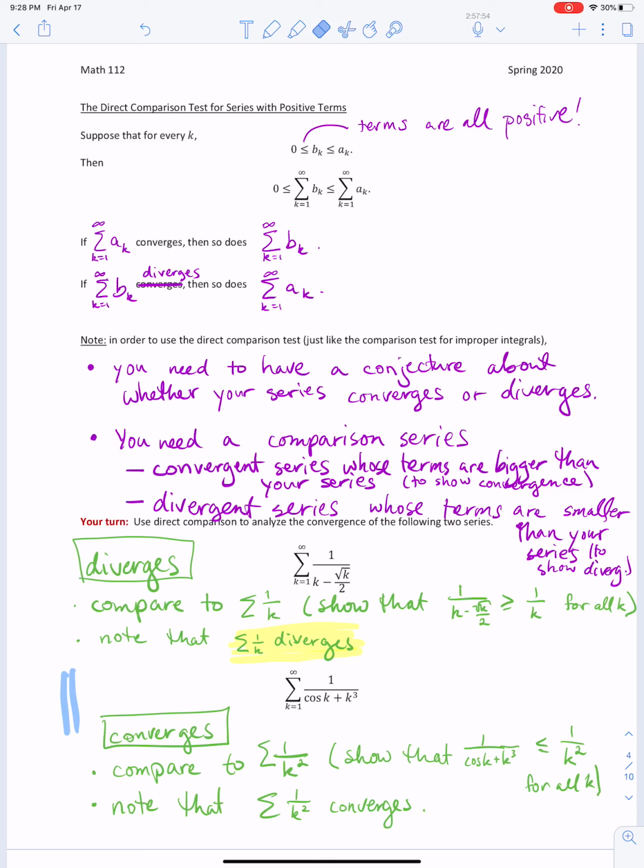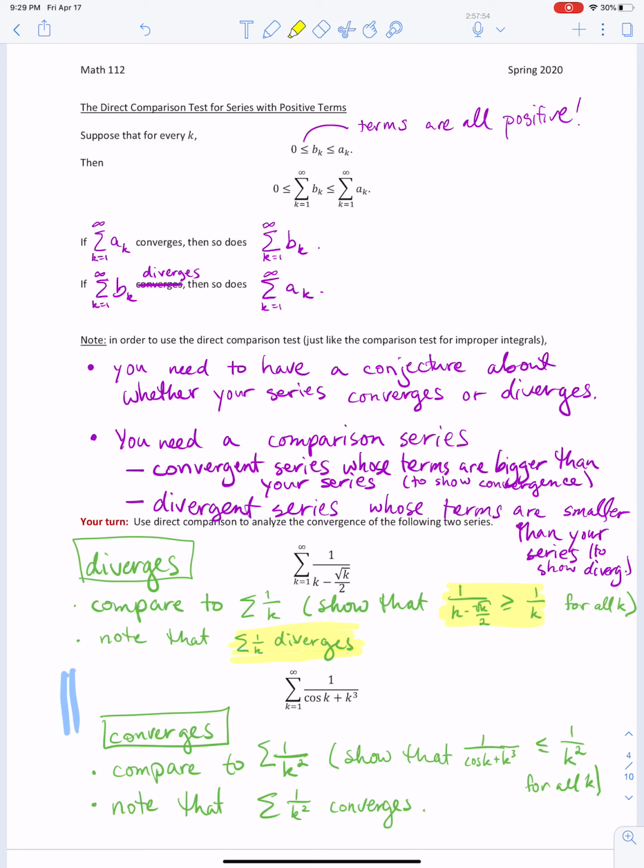The second thing we need is all of the terms, or at least all of the terms sufficiently far out. We may be able to ignore, say, the first term, but after some point, all of the terms must satisfy this inequality that I've highlighted here.